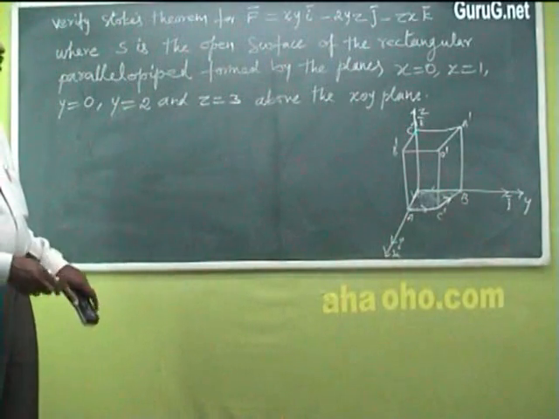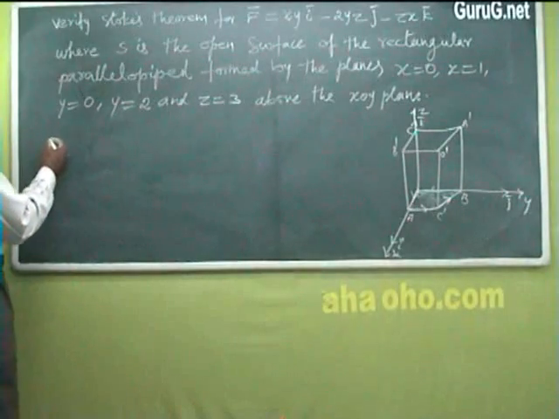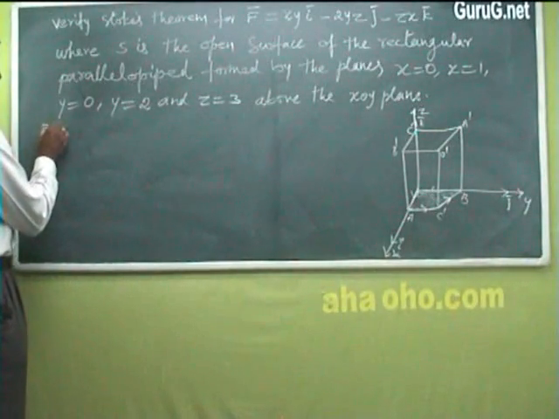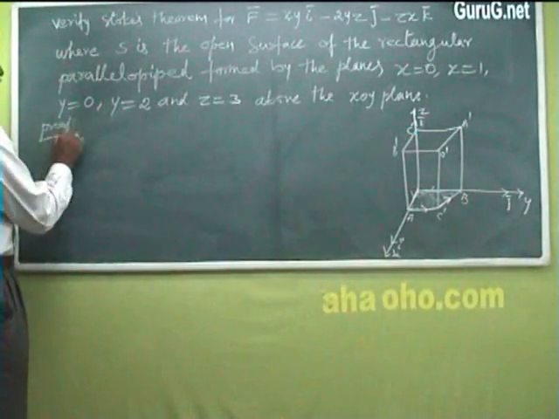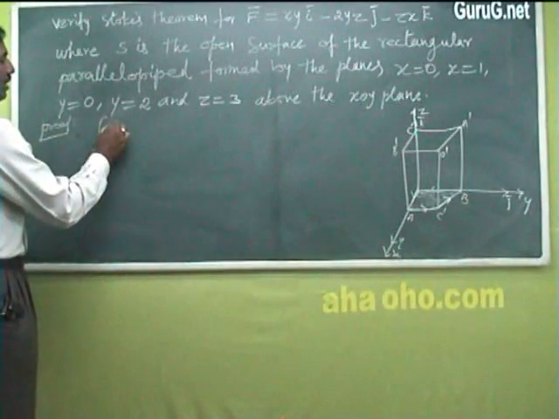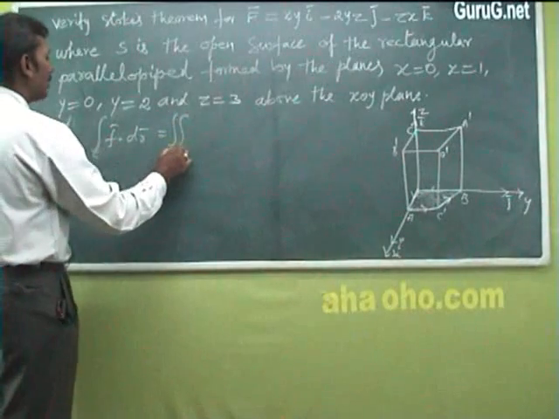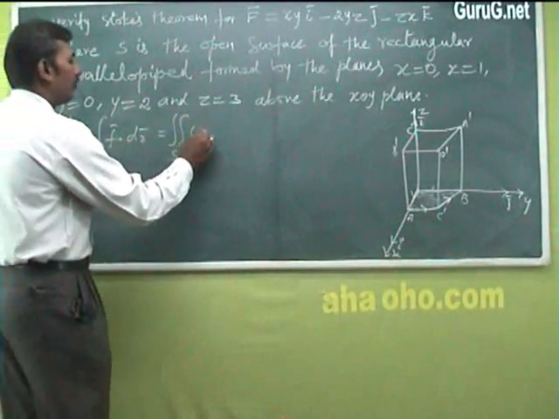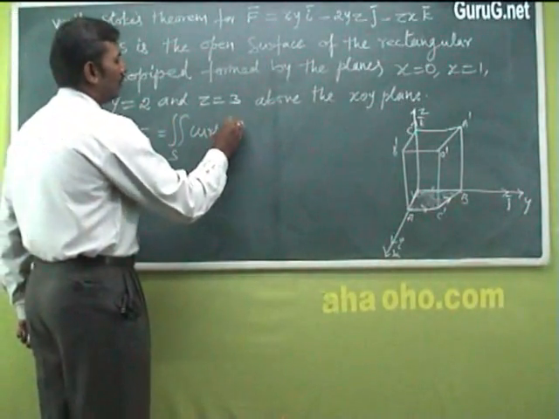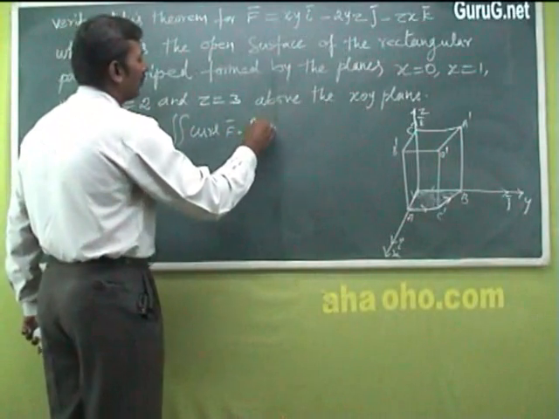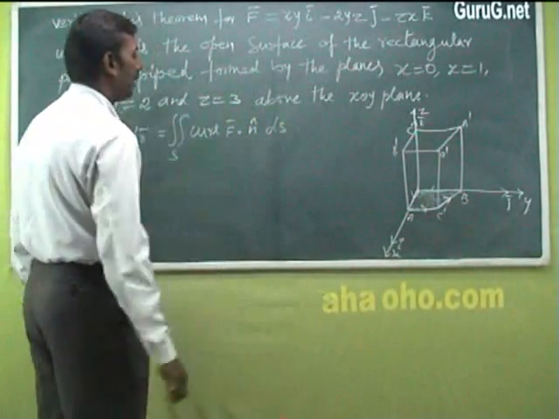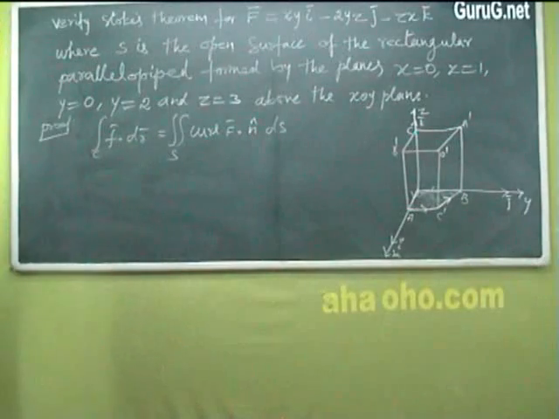Okay. What will be the statement of Stokes theorem? Integral over C F dot dr equal to double integral over S curl of F dot n cap dS. Okay. Now we take the right hand side.